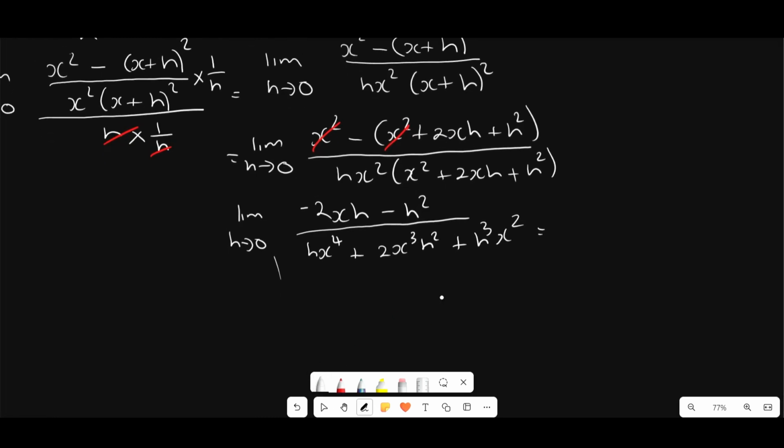By simplifying further, I can see that all these terms have h in common. So I can take out h as a common factor on top.